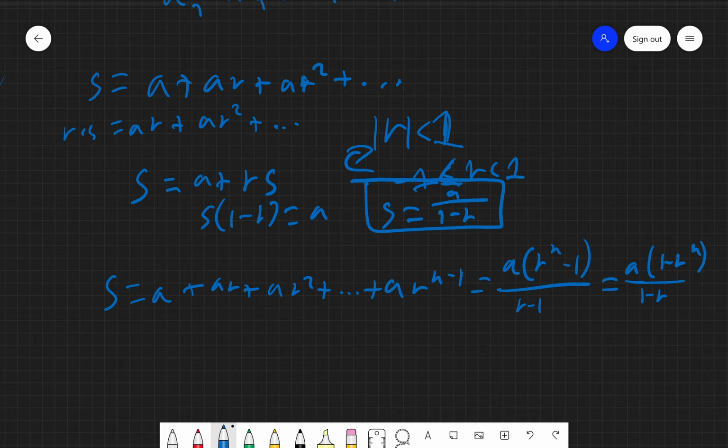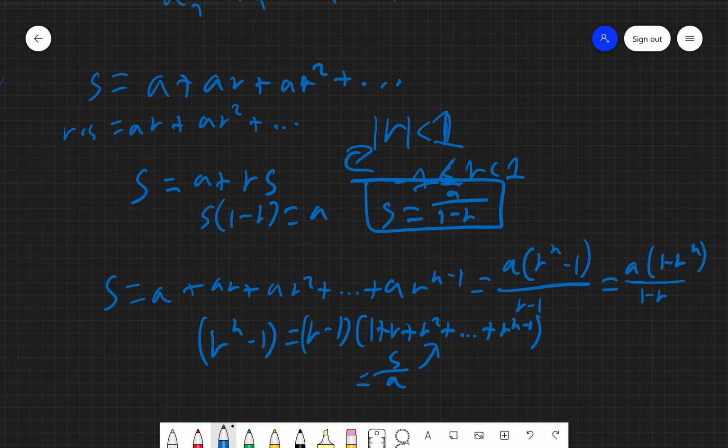So first of all, we know from algebra 1 that R to the N minus 1 is equal to R minus 1 times 1 plus R plus R squared plus dot dot dot plus R to the N minus 1. And hey, guess what? This over here is equal to S divided by A. That's such a coincidence, right?